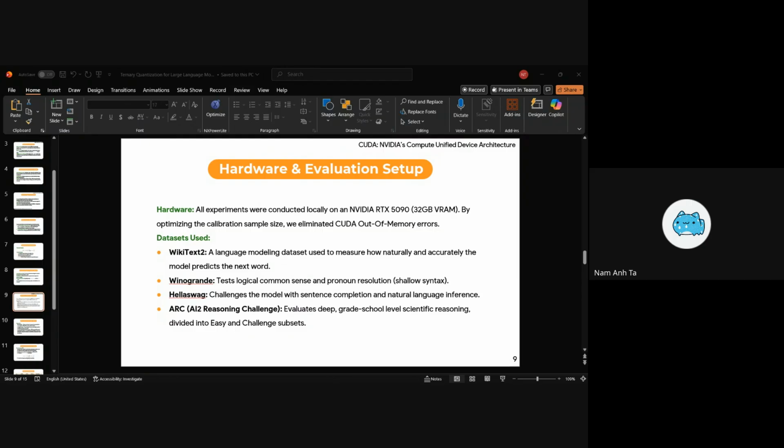This text is not about measuring accuracy, because for a large language model, if you ask the model 10 times, all of those 10 answers will be different from each other. So we will use the Wikitext2 dataset to calculate the perplexity, and the perplexity is something that I will introduce later.